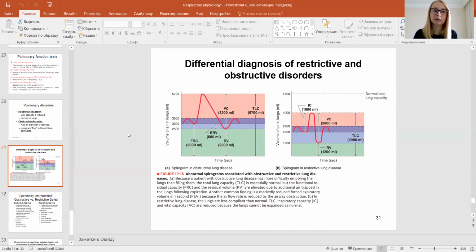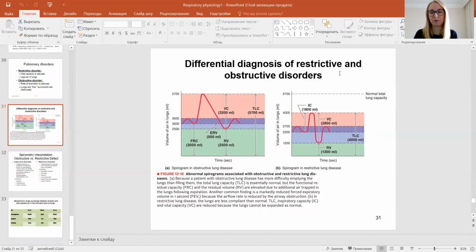So what is the differential diagnosis of these two types of disorders? Because a patient with obstructive lung disease has more difficulty emptying the lungs than filling them, the total lung capacity is essentially normal, but the functional residual capacity and the residual volume are elevated due to additional air trapped in the lungs following expiration.